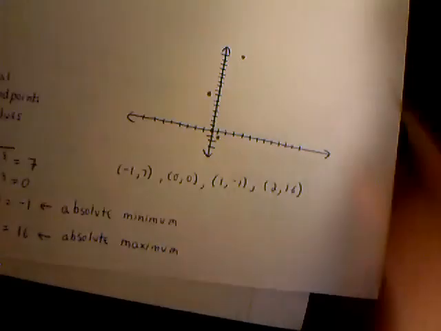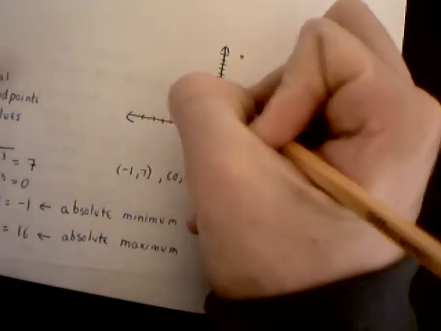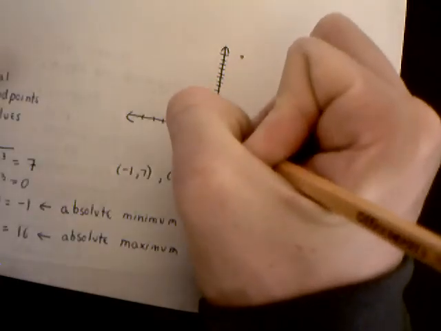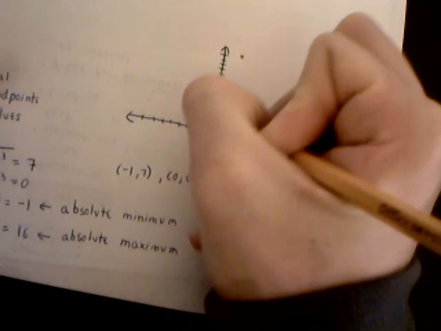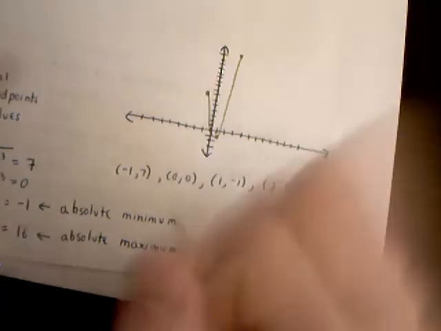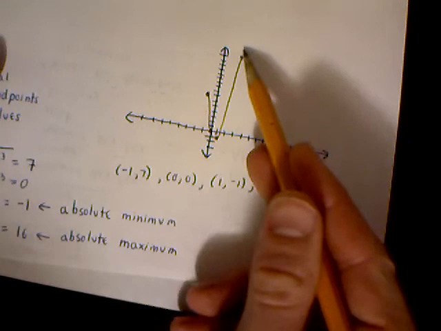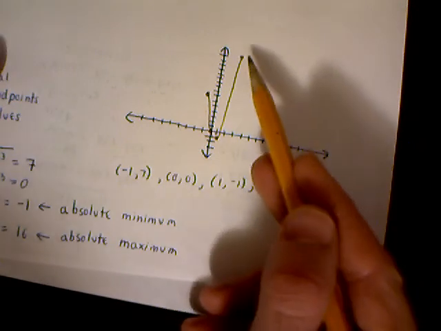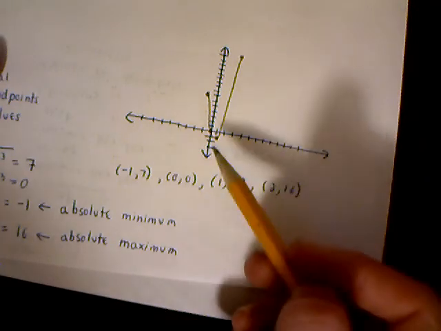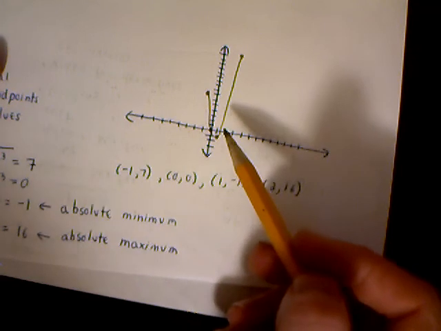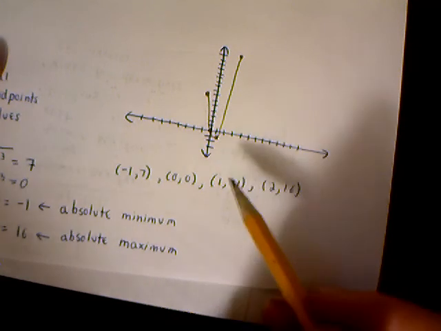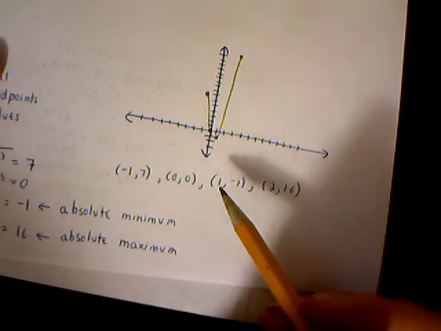We can just sketch a quick graph. I can see the absolute maximum occurs at (2, 16), and the absolute minimum for this function on this closed interval occurs at (1, -1).